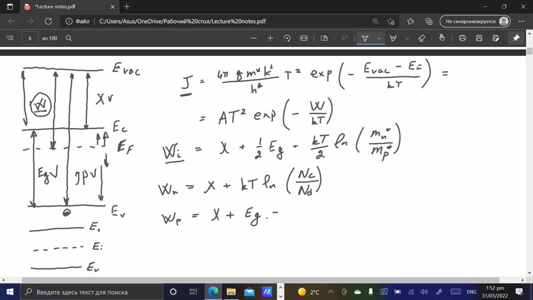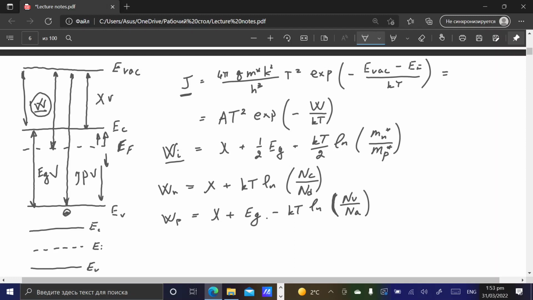So that will be kT times natural logarithm of NV, the effective density of states at the top of the valence band, divided by NA. Sorry, in the first one I made a mistake. ND is the concentration of donor centers because of n-type doping, so they provide electrons. And for p-type, NA stands for the concentration of acceptor centers.